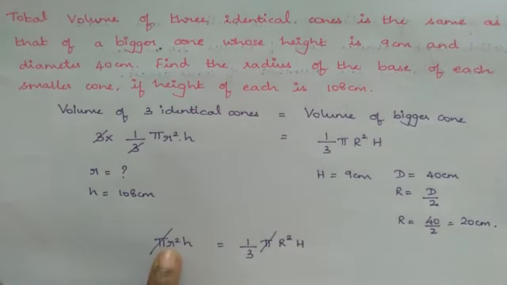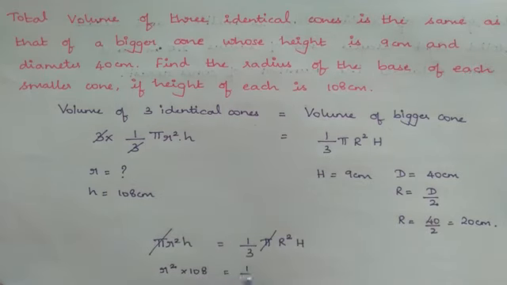This small r is unknown for us, so let's write it as it is. What is h? 108. So r squared into 108 is equal to 1 by 3 into capital R squared, that is 20 squared, so 20 into 20 into H. What is H? 9.